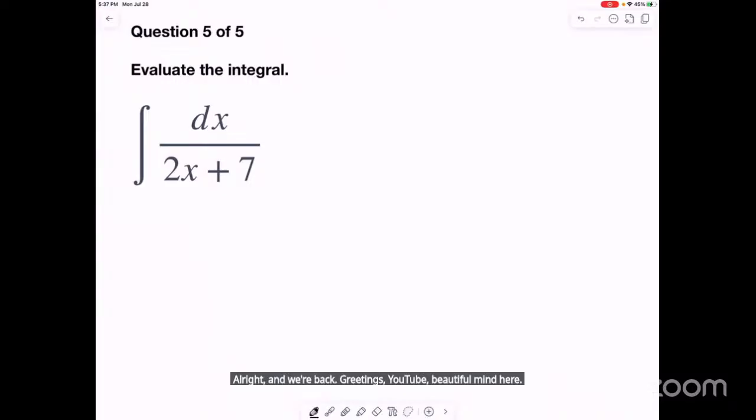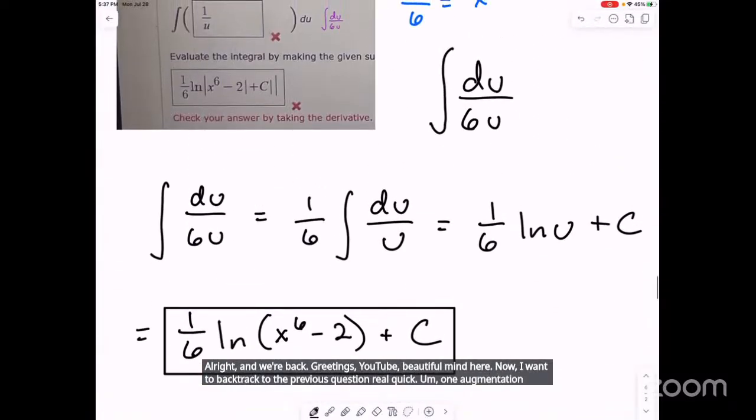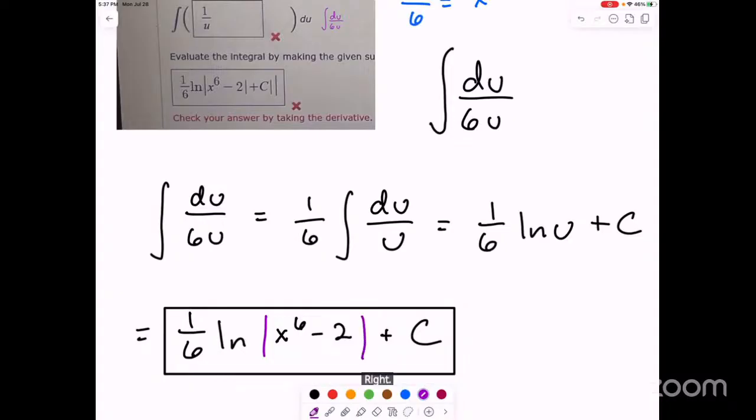Now, I want to backtrack to the previous question real quick. One augmentation, let me see. Instead of parentheses, it might need to be absolute value. I hadn't thought of the reasoning there.